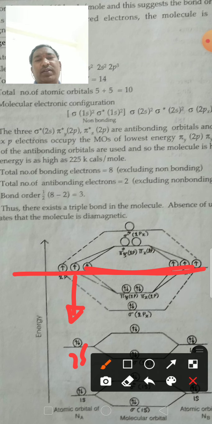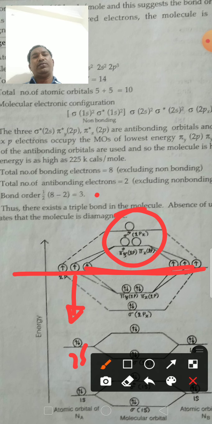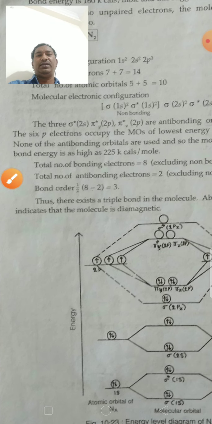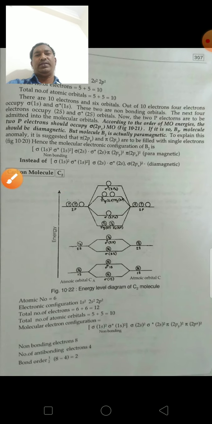The remaining 3 molecular orbitals have the highest energy compared to atomic orbitals. These orbitals are known as antibonding molecular orbitals. These are pi star 2py, pi star 2pz, sigma star 2px. This is the nitrogen molecule energy level diagram.